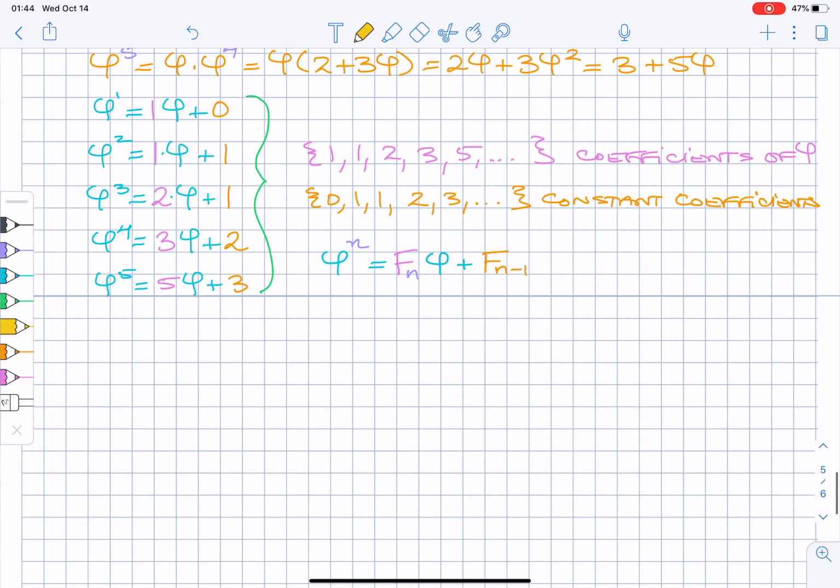So now we have a relationship between powers of the golden ratio and the Fibonacci sequence.